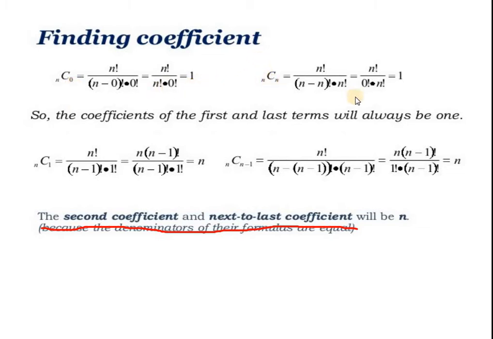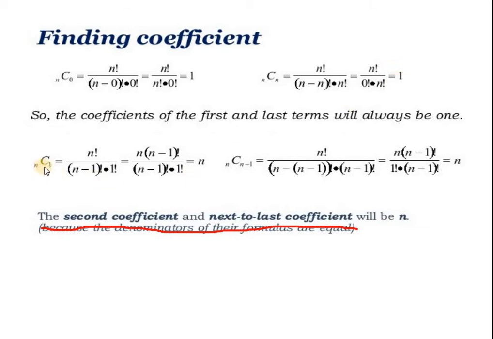Similarly, the value of nCn is equal to 1. This is the binomial coefficient of the first term. This is the binomial coefficient of the last term, and we see that both the values are the same, so we can say that binomial coefficients from the beginning and end have the same value.